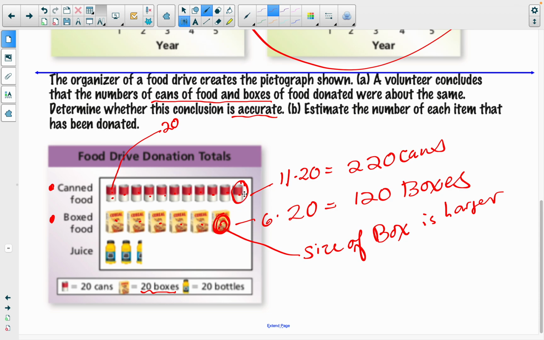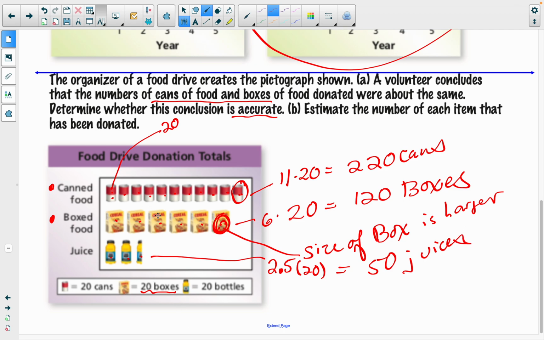And remember, this represents 20 cans, this represents 20 boxes, but they made the boxes bigger, so it's misleading. And then when we look at juice, we see that we have 2.5. So if I take 2.5 and multiply that by 20, I have a total of 50 juices.